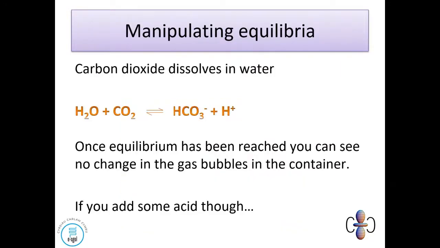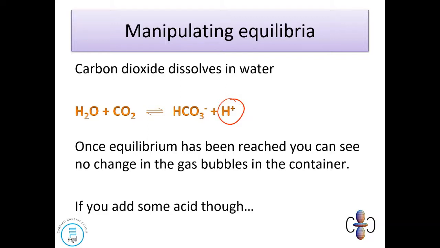Manipulating equilibria. Carbon dioxide dissolves in water. Once equilibrium has been reached, you can see no change in the gas bubbles in that container. However, if you add H+ ions, which I'm hoping you are now familiar with calling protons, suddenly you'll get more bubbles created.